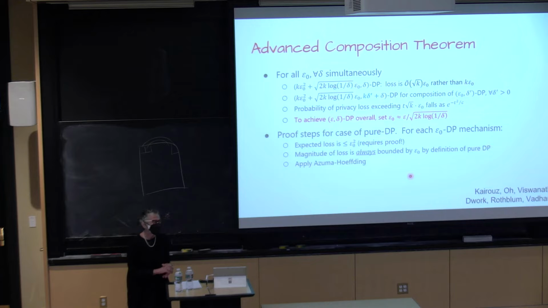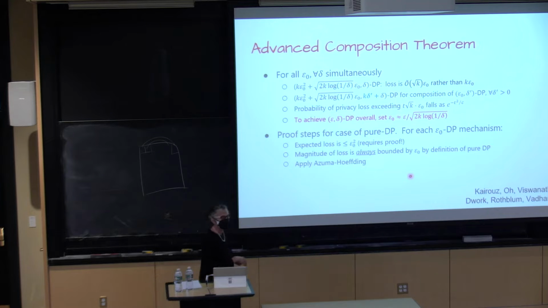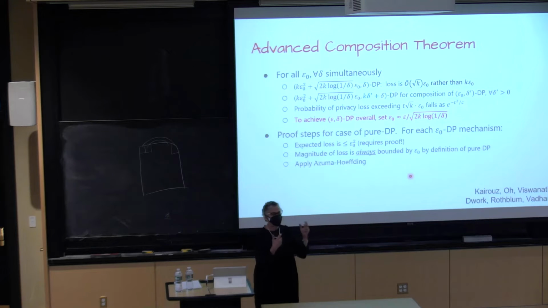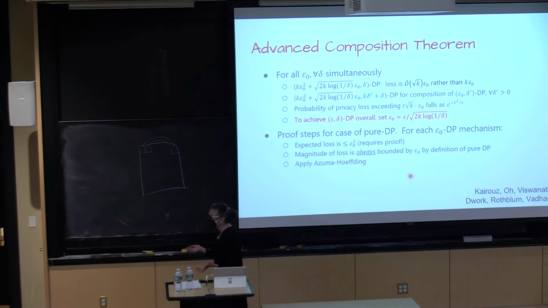Then we have the fact that because these are epsilon naught differentially private algorithms, the privacy loss is always going to be bounded by epsilon naught. Doesn't matter what the history was, how people decided which algorithm to run, even which databases to run them on, doesn't make any difference. At each step, the additional loss is always bounded by epsilon naught. And so now we're in a situation where we can apply the Azuma-Hoeffding bounds.